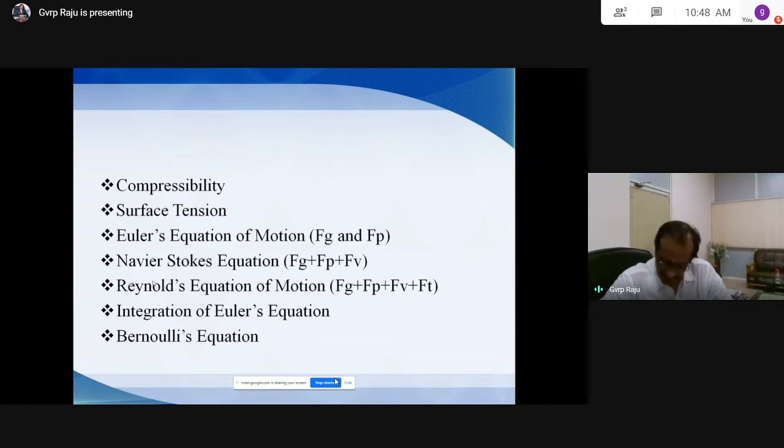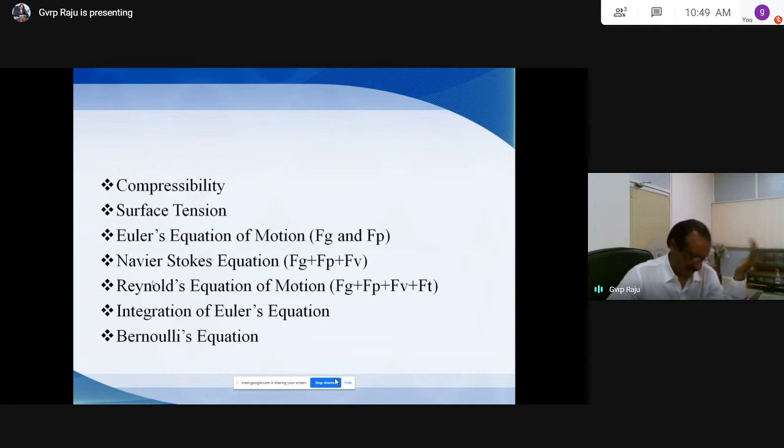Euler's equation of motion. Similarly, the Navier-Stokes equation: when you consider inertia, gravity and pressure, and also the force due to viscosity, you can say that it is the Navier-Stokes equation.